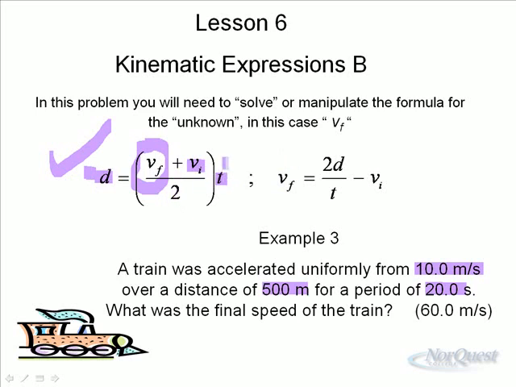If you divide by t, then that'll move the t below the d, and then you'll have vf plus vi. And of course, to get rid of the vi, what do you do? You subtract it. And so you'll be left with vf is equal to 2d over t minus vi. And when you substitute these values, you will get 60 meters per second.